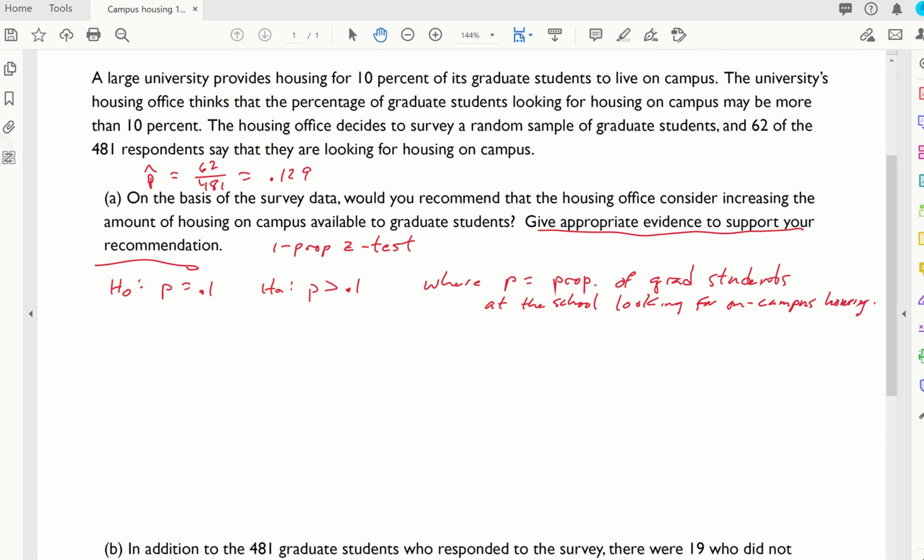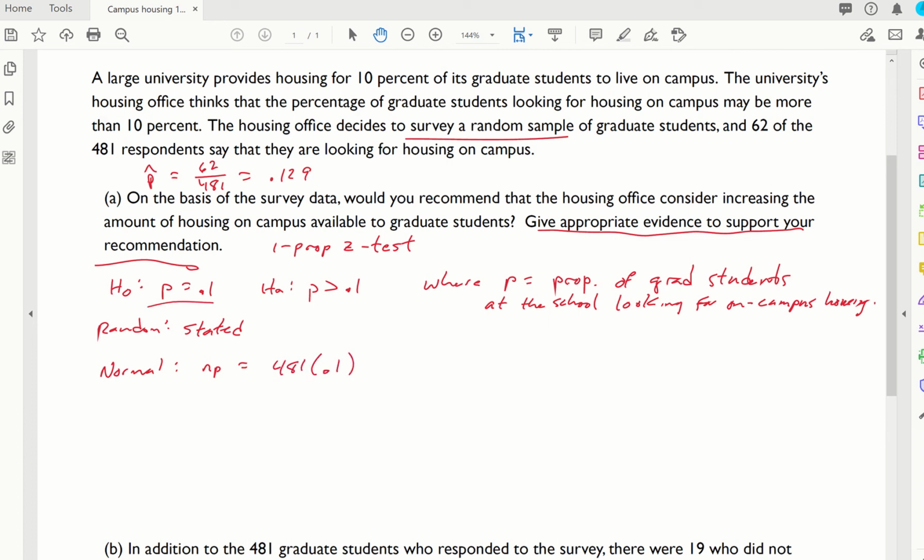Okay, we'll go ahead and check conditions real quick. Random: that was stated right here. Normal: here we've got n times p equal to 481 times 0.1.